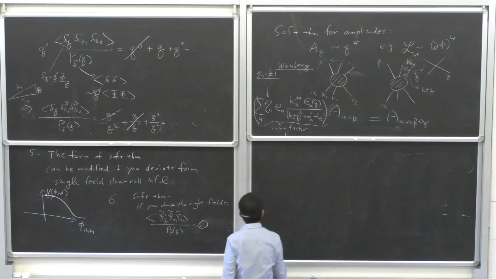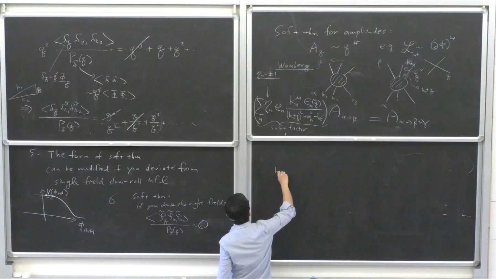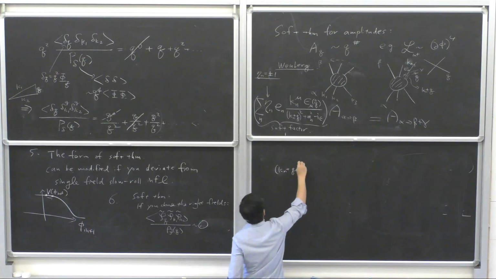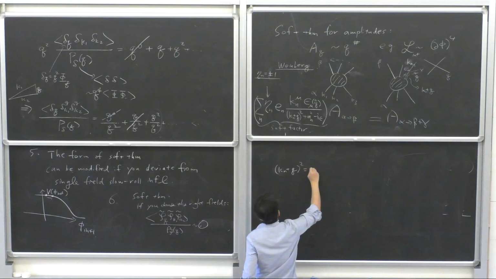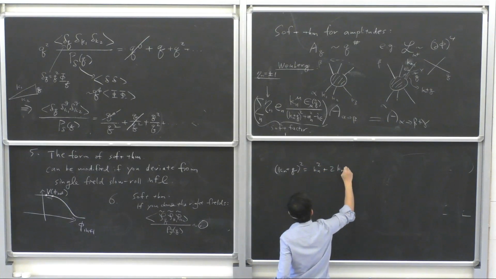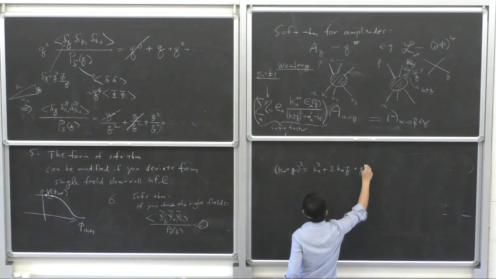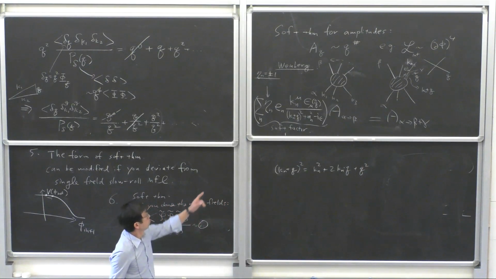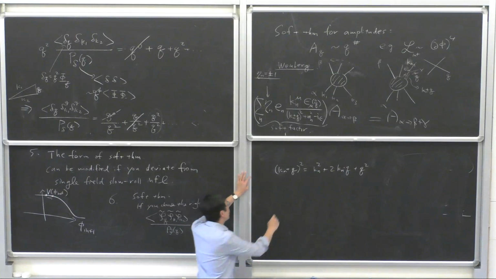So we say Kn plus Q squared equals Kn squared plus 2 Kn dot Q plus Q squared, of course. But the denominator has plus m squared here.